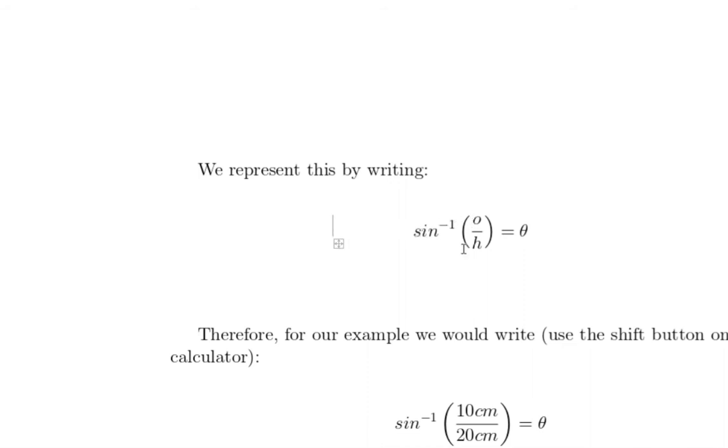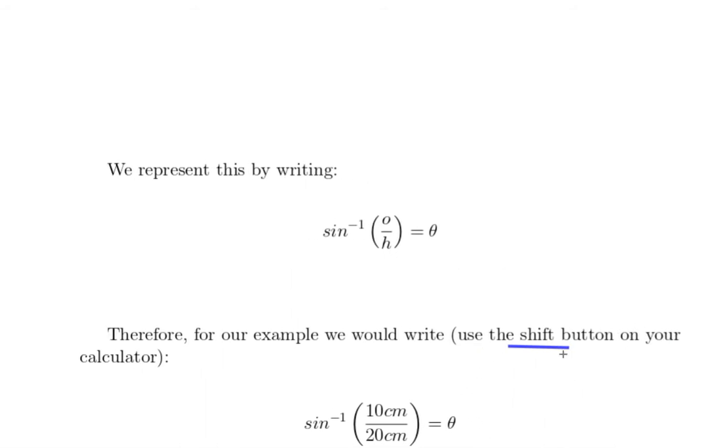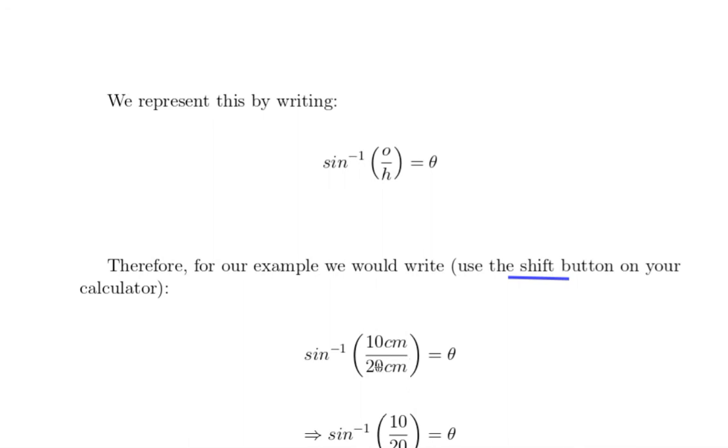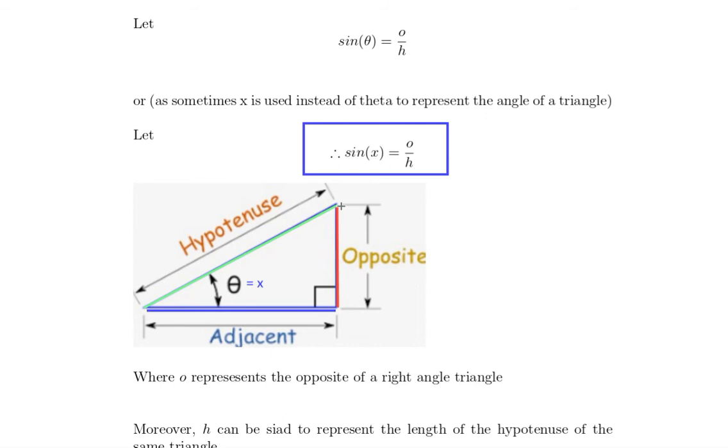We use shift sine on our calculators, and then type in the values that we're given in the question. So let's say the values we're given were 20 centimeters and 10 centimeters. So this length is 10 centimeters and this one is 20 centimeters.